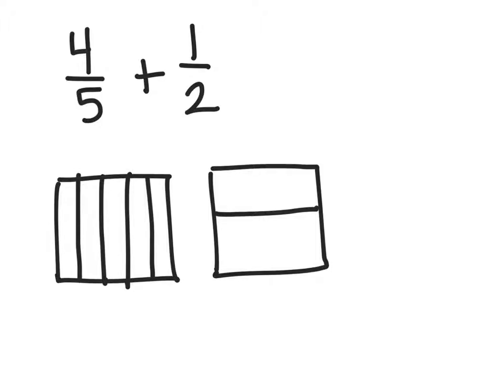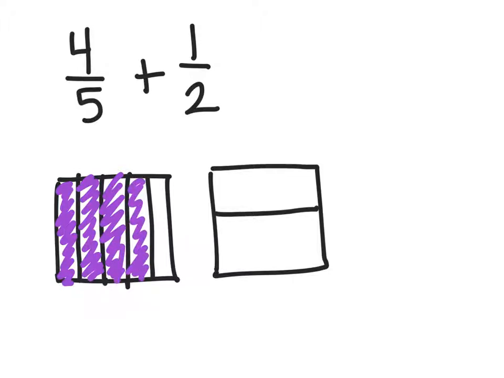So for this problem, we're going to try adding 4/5 plus 1/2. So I'm going to go ahead and shade in our 4/5 so we can see what we're working with. And then I will also shade in our 1/2. Just like the other problems, we need to have like units. We cannot add fifths and halves. We need to find a common unit.